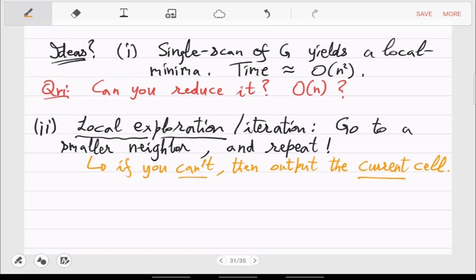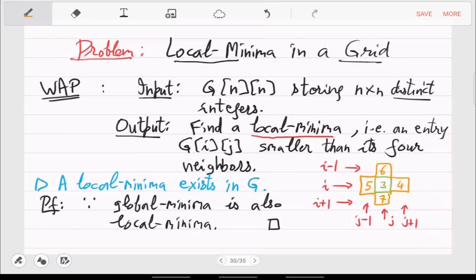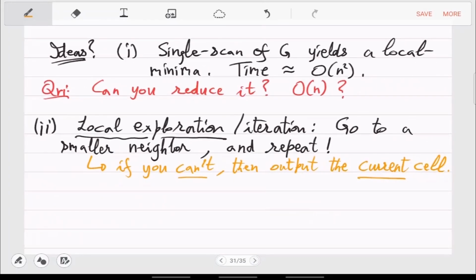Right? So if there is no smaller neighbor available, I mean all the other 4 are bigger, then obviously you have this picture, so you can just output wherever you are. That is one local minima. Otherwise, you just keep exploring.